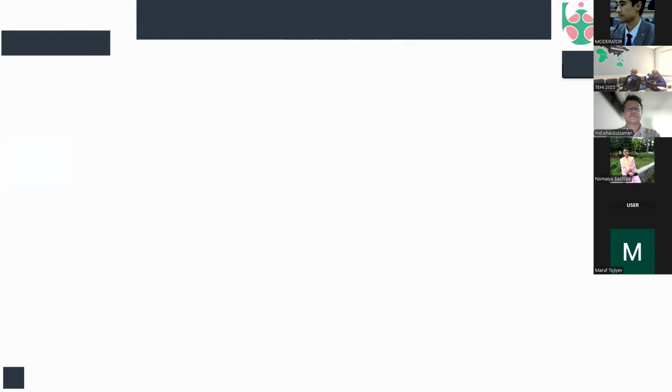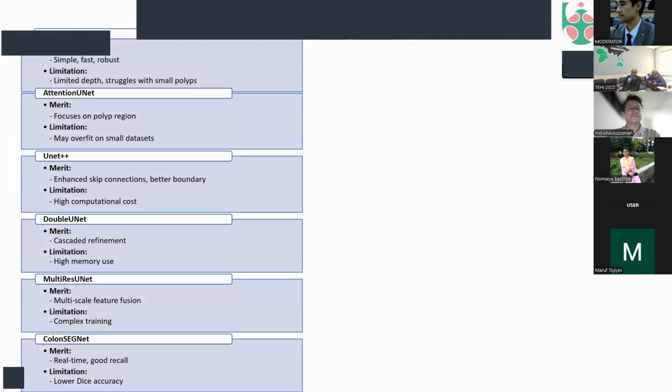Certainly we are not the first, and there are many prominent segmentation models which are very good at segmentation. We utilize them in our analysis to see how they perform under semi-supervised approaches as they did under supervised ones. Our aim is to investigate the performance of these prominent models under semi-supervised approaches. These models are U-Net, Attention U-Net, U-Net++, DoubleU-Net, MultiResUNet, and ColonSegNet.